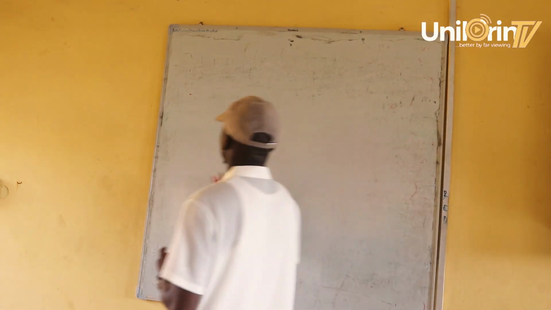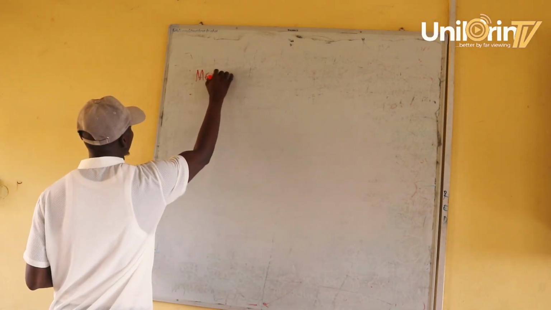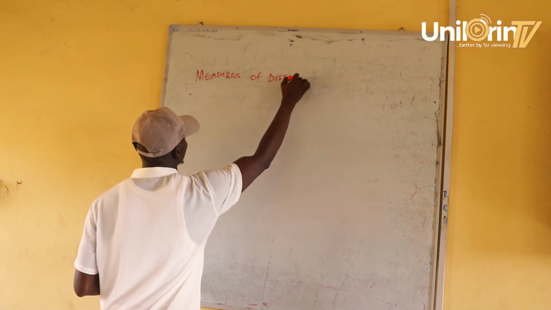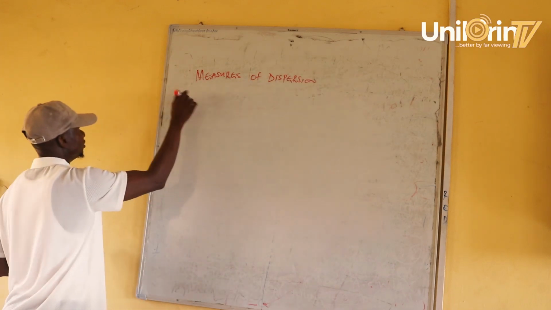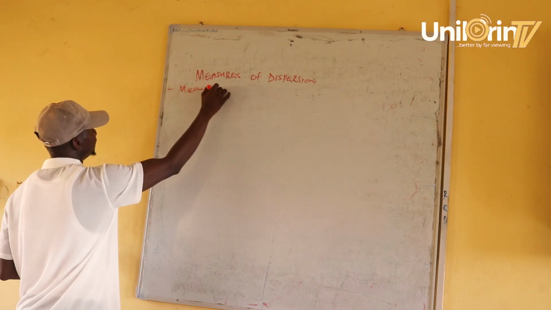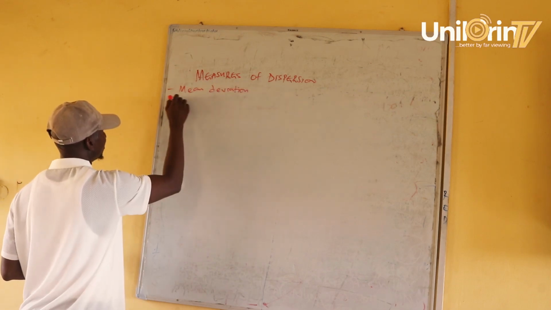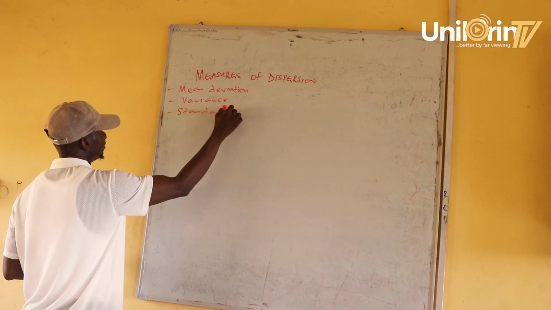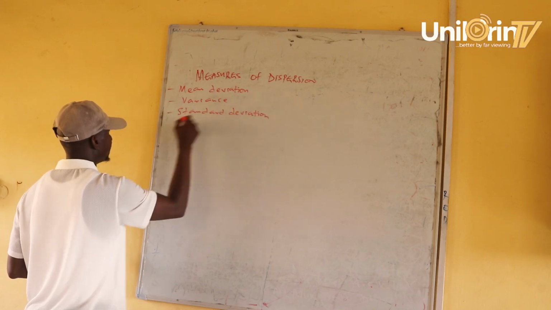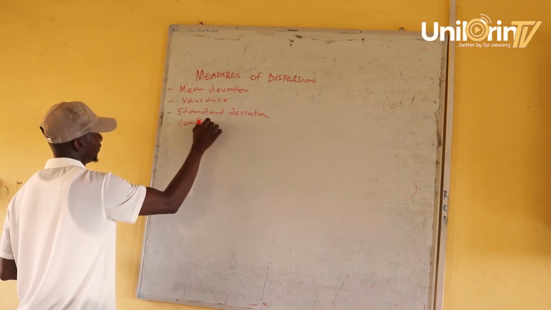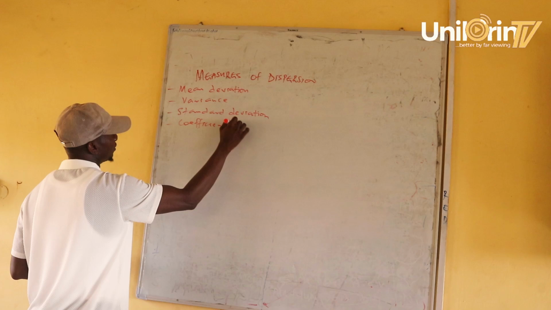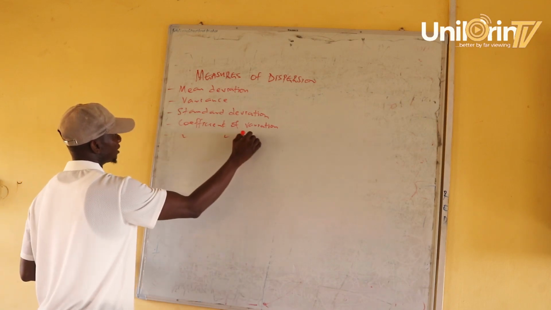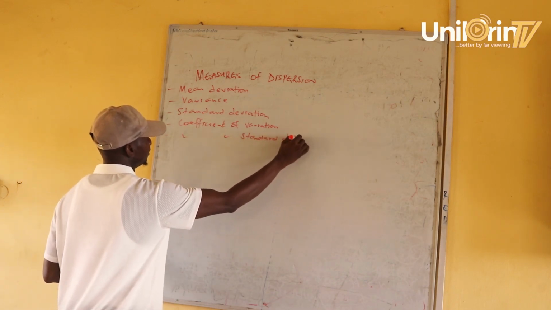So in our measures of dispersion, which I said can be termed measures of variation, if you like, we have the mean deviation, the variance, standard deviation, coefficient of variation, and as well as coefficient of standard deviation.